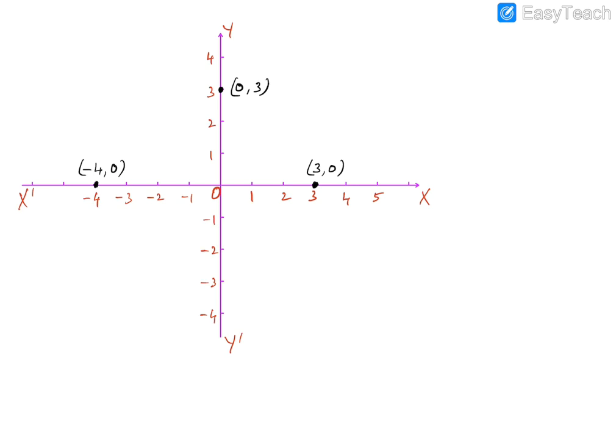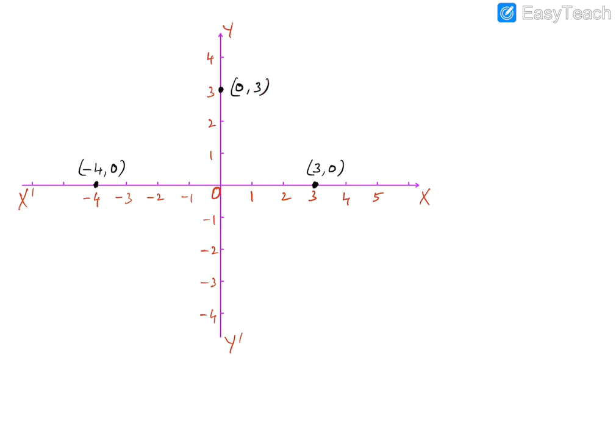Any point that lies on the y-axis will have the x-coordinate value as 0, and the y-coordinate will be whatever number on the y-axis at which the point lies. In this case, the point lies at the number 3, so the y-coordinate is 3.